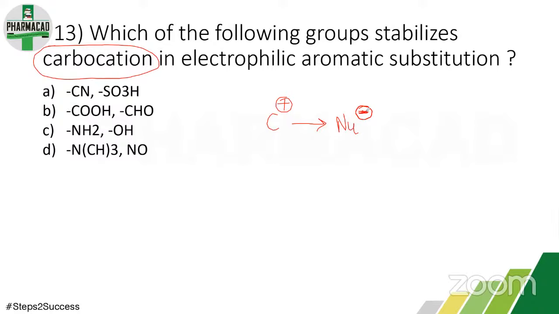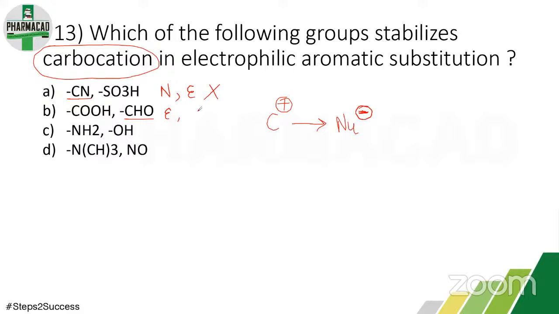Let's see. In the first option, cyanide. Is cyanide an electrophile or a nucleophile? It is a nucleophile, right? Comma, the sulfonic group is an electrophile. So one nucleophile, one electrophile, not possible. Second is the carboxylic group, which is an electrophile.